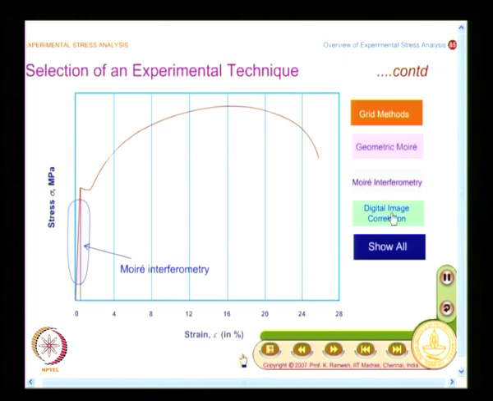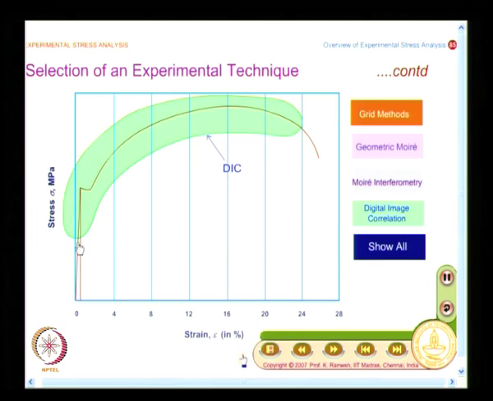And when I come to digital image correlation, I can go from this to this, and I have already said that this can be brought down by improvement in technology. Researchers are working across the world, and they bring this down to as close to 0 as possible. Their claim is now about 50 microstrain, and it is only a question of time that they improve the technique further.